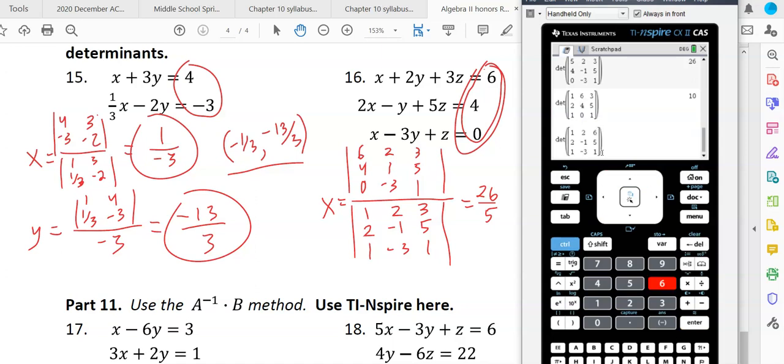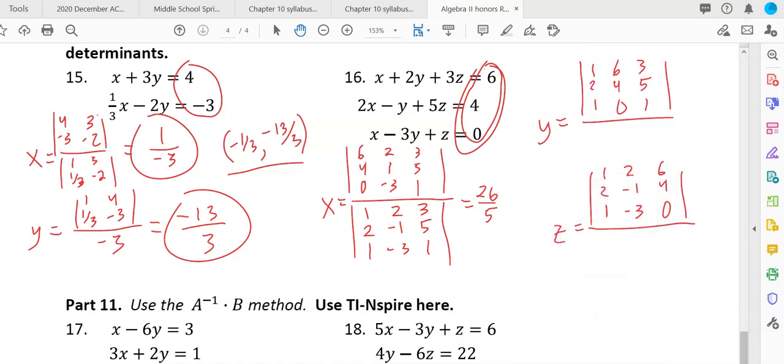Change that one to 6, 4, 0. And -10. The denominators are the same, they're all 5. I won't rewrite the matrix every time, it's too much work. So again, the x value is 26/5. The y value is 2, and the z value is -2.